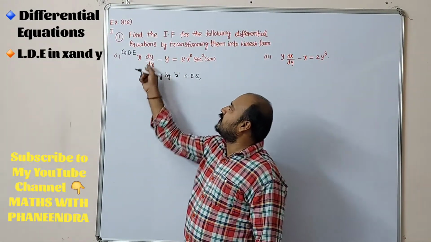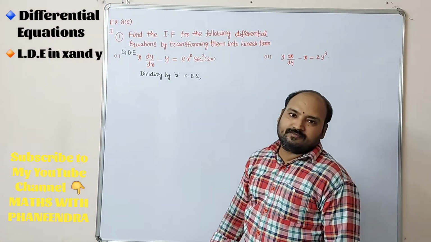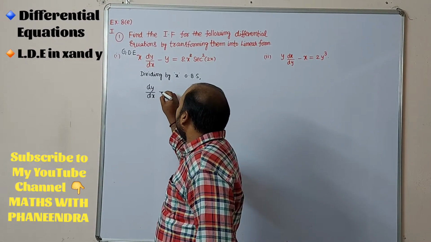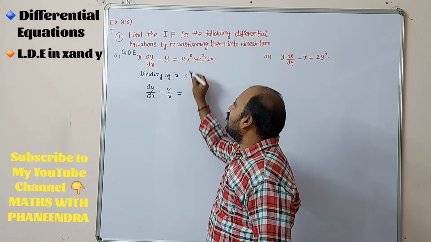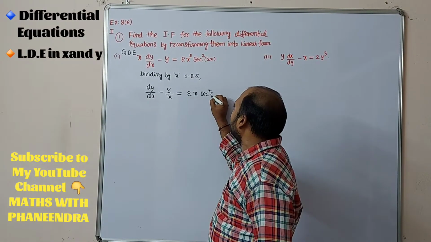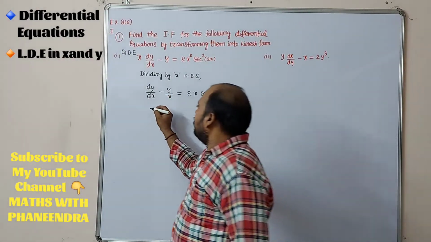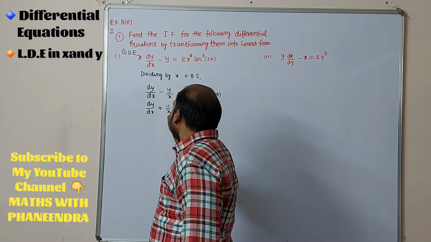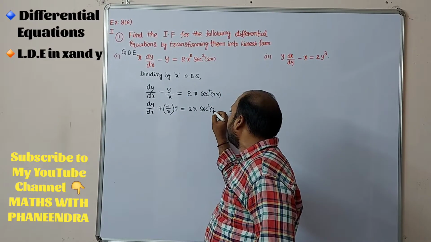I want the coefficient of dy by dx to be 1, so I divide by that term. So it becomes dy by dx minus y by x is equal to 2x square by x. One of the x cancels, giving 2 into x into secant square 2x. You have to write this equation in the form dy by dx plus minus 1 by x into y is equal to 2x into secant square 2x.